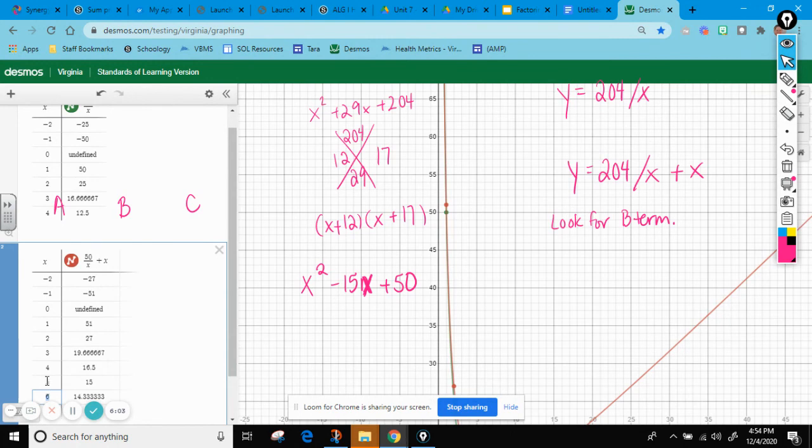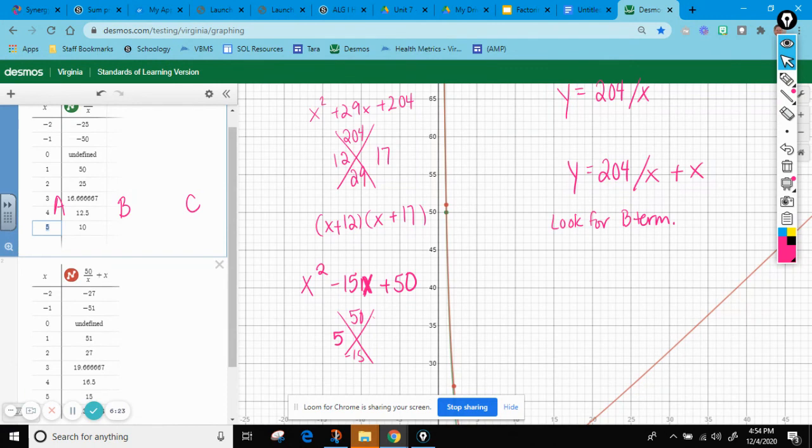Okay, so I found 5. So now I know for my X box that I had a 50 up here and a negative 15 down here. And I know one of these numbers is 5, but I got to find out what the other one is. So I come back over here to this top table, and I'm going to go in the table to where 5 is in the x.